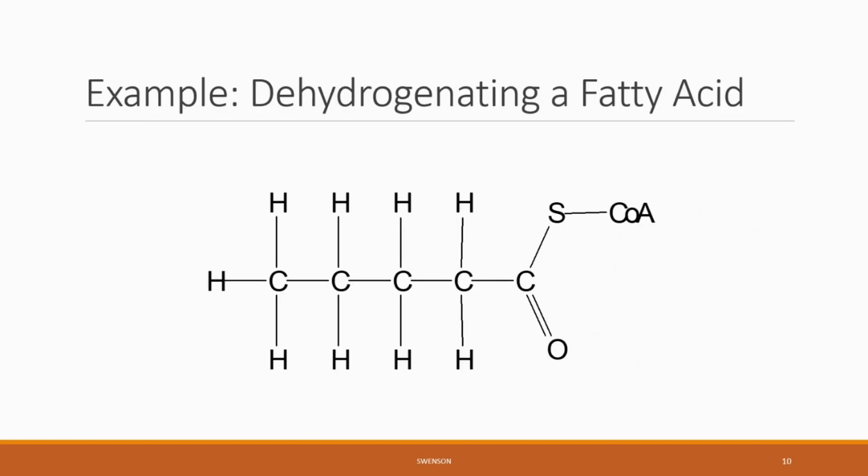As an example, here is a fatty acid. Within the fatty acid, there are these carbon-hydrogen bonds where carbon shares one of its electrons with a hydrogen, and a hydrogen shares its electron with a carbon. Now, a molecule called FAD interacts with the fatty acid, dehydrogenating two hydrogens.